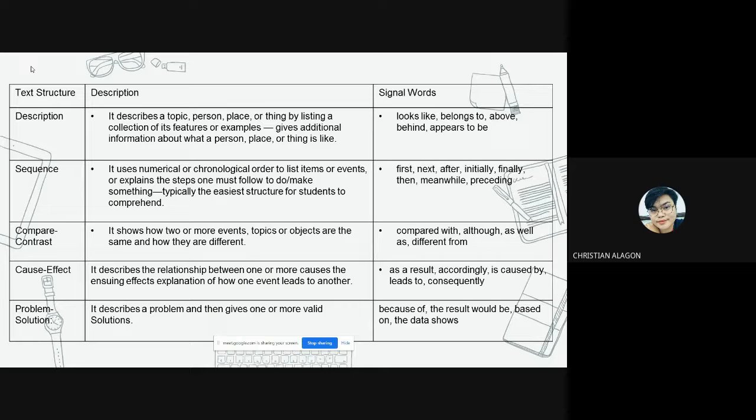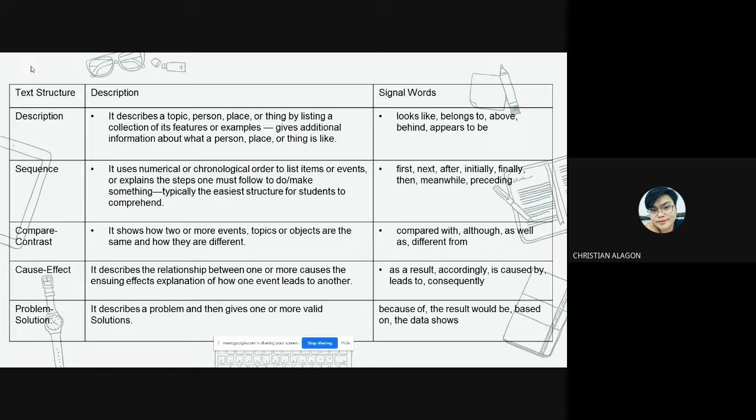The signal words are as a result, accordingly, is caused by, and leads to. And the last one is problem and solution. It describes the problem and gives one or more valid solutions.